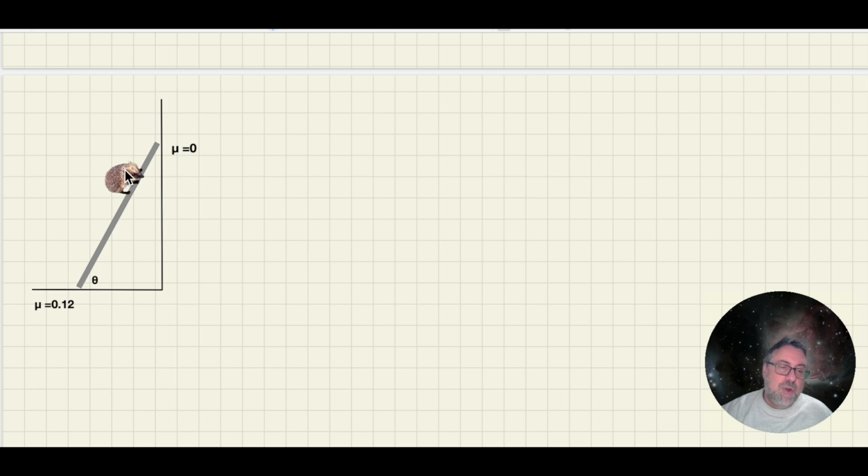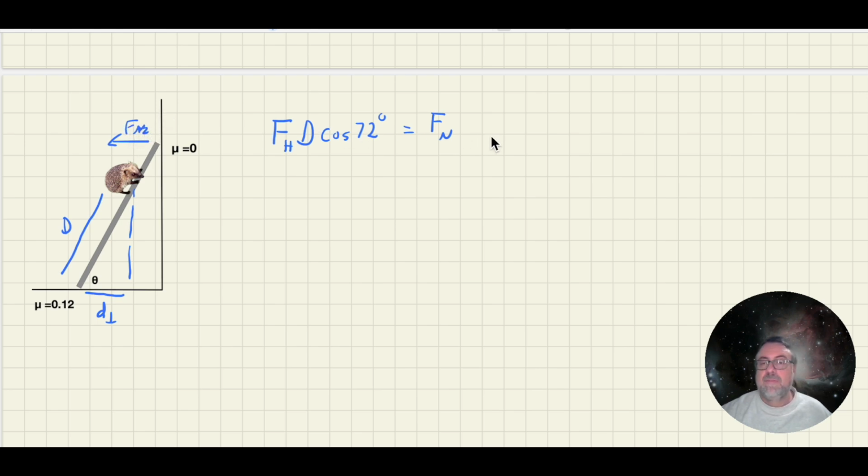And now we are finally ready to solve, but we're running out of room, so let's scroll down. So the torque from Harry is equal to the force of Harry times his distance D along this ladder, and again, his perpendicular distance is the cosine of that angle, so cosine of 72 degrees. And we saw that this has to be equal to the normal force with the wall times the length of the ladder times sine of 72 degrees, minus the weight of the ladder times half the length of the ladder times cosine 72 degrees.